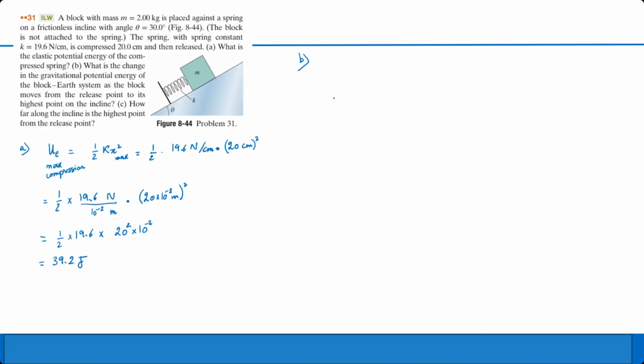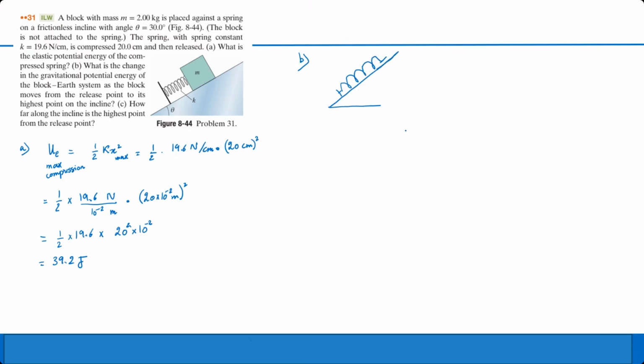Let's make a quick sketch. I think things would look clear to you if you see a clear sketch. I'll show you initially how the spring looked like. Initially, the spring was not compressed. Maybe it looked something like this. It was just here.